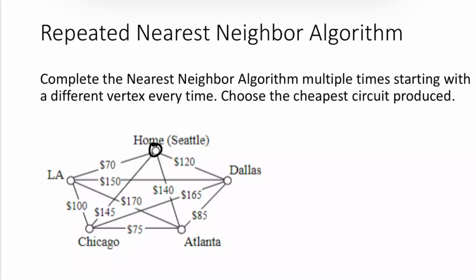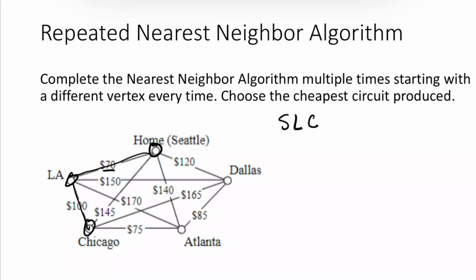So I look at all of the edges that go away from Seattle, and it looks like the cheapest one is $70. So I'm going to go from Seattle to LA, and then from LA, it looks like the cheapest one would be 100. So I go to Chicago. And then from Chicago, also remember you don't want to go back to a vertex you've already visited because Hamiltonian circuits only visit each vertex once.